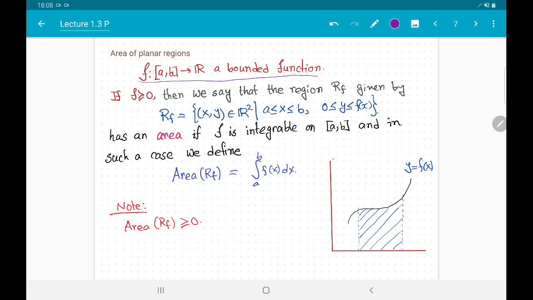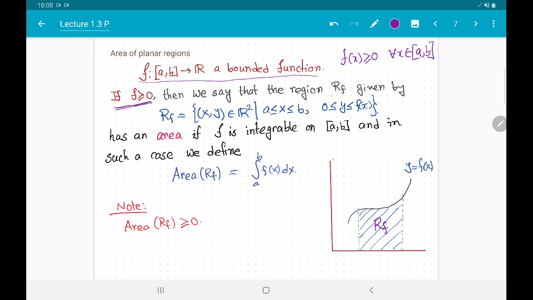Now, first let us try to understand what happens in the case when f is a non-negative function. That is, f(x) is bigger than or equal to 0 for all x inside the interval ab. We say that the region RF is this region. Let me tell you in a while what is the description of it.